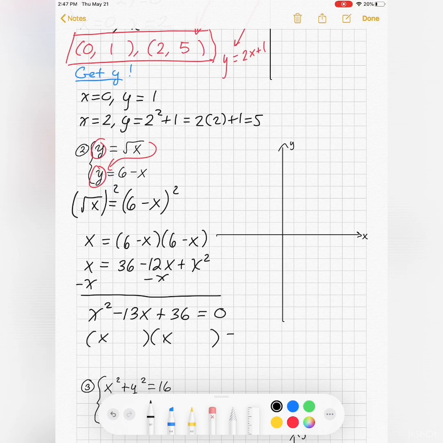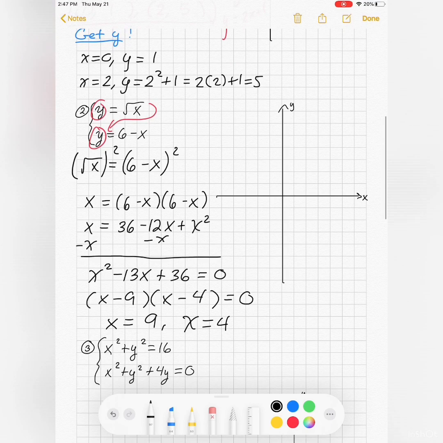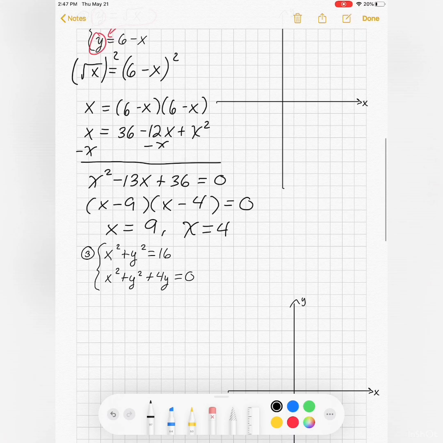Let's see, adds to negative 13, multiplies to positive 36: minus 9 and minus 4. Okay, so my x values look like 9 and 4.